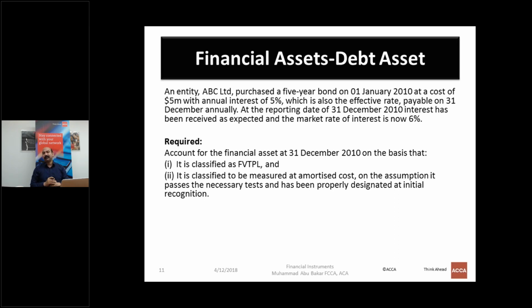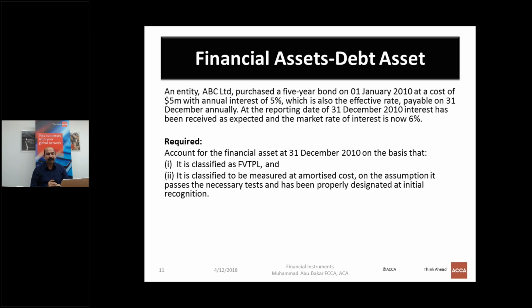But anyway, so far we discussed theory, that is the basics underlying any numerical working. An entity, ABC Limited, purchased a 5-year bond on 1st January 2010 at a cost of 5 million with annual interest of 5%, which is also the effective rate, payable on 31st December annually.